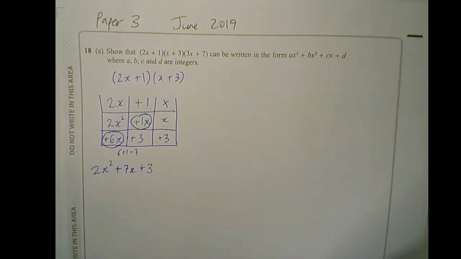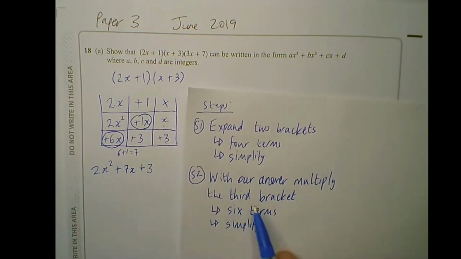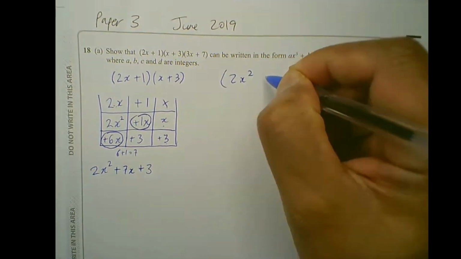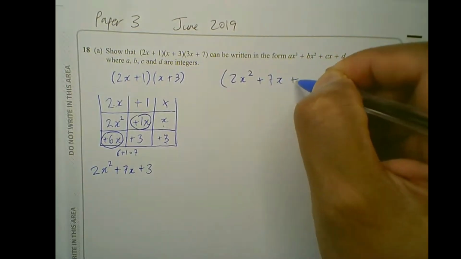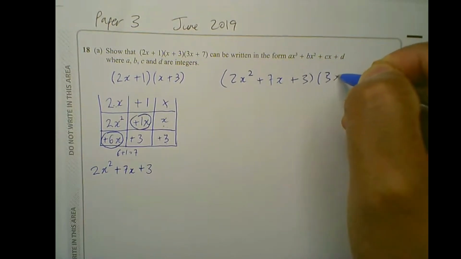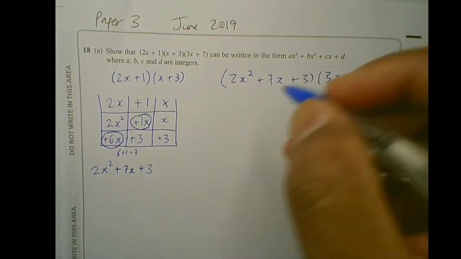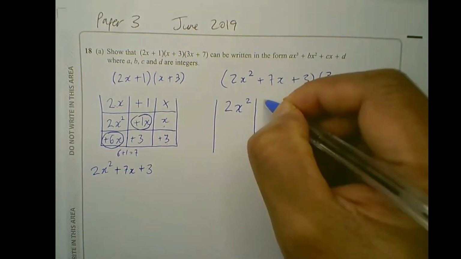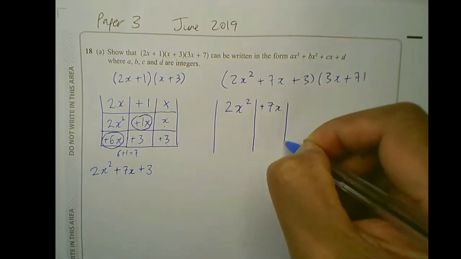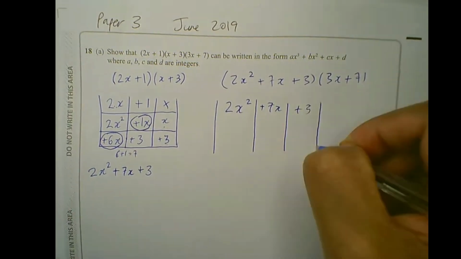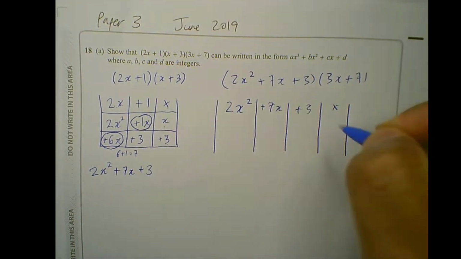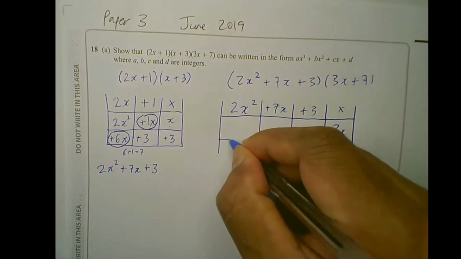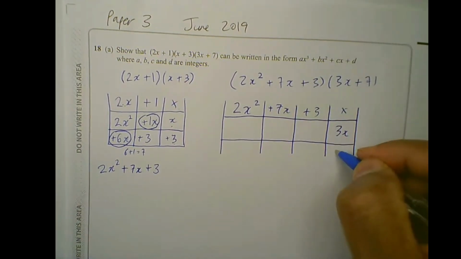Okay, now I'm going to take my answer and multiply with the third bracket. So I'm going to have 2x squared plus 7x plus 3 times 3x plus 7.